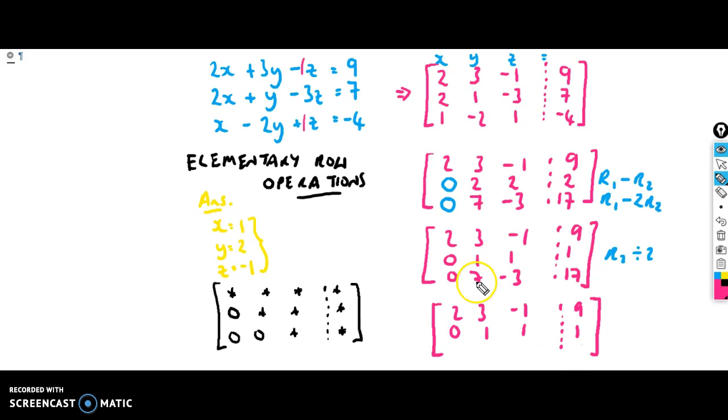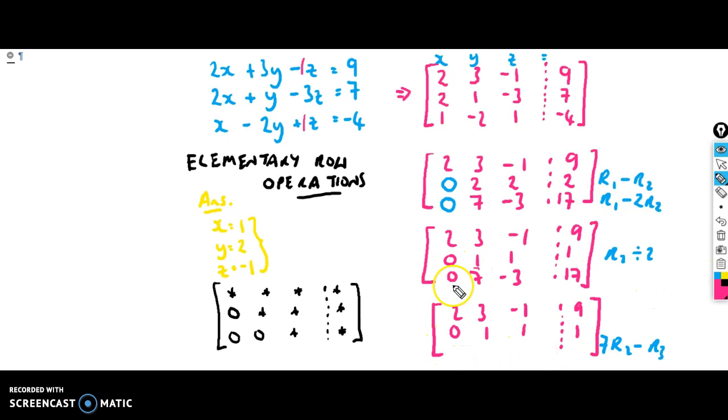And now we need to get a 0 here. So we need to get a 0 in this space here. So how are we going to do that? Well, it's going to be in relation to row 2 and row 3. So if I times row 2 by 7 and take them away, I should get 0. Let's try that.